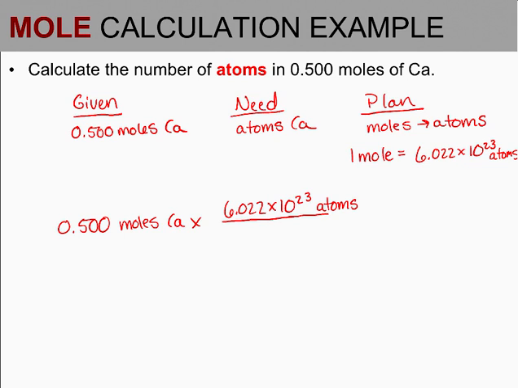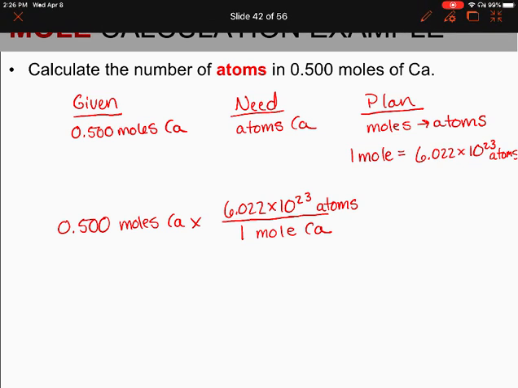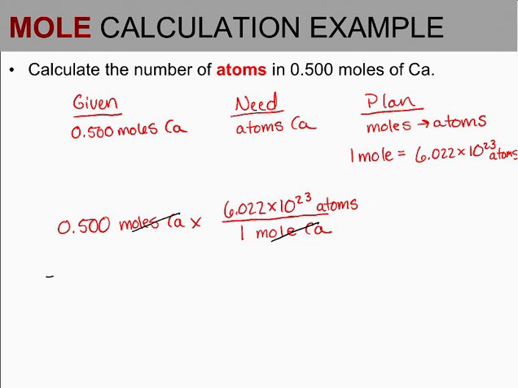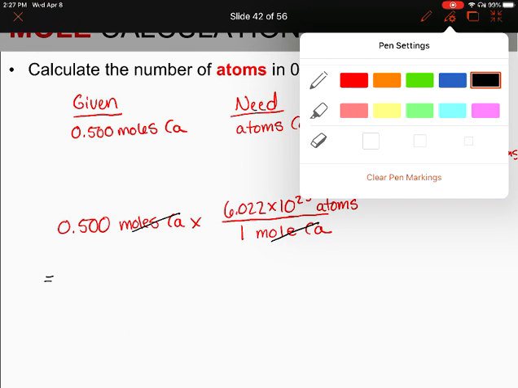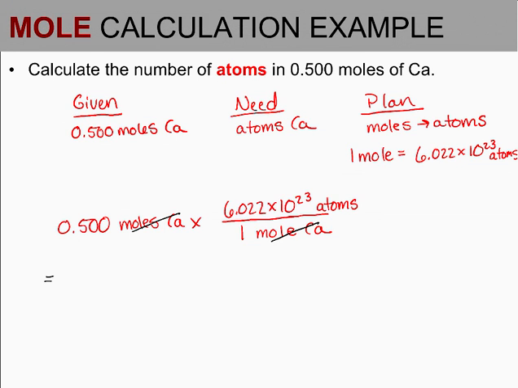Then in the denominator, we want to put the unit we're trying to get rid of, which is moles, so we're going to put 1 mole of calcium in the denominator. Now we're canceling units of moles, and we're going to end up with 0.5 times 6.022 times 10 to the 23rd, and then our unit is atoms of calcium.